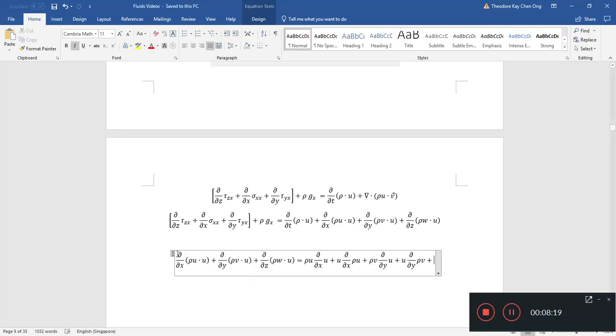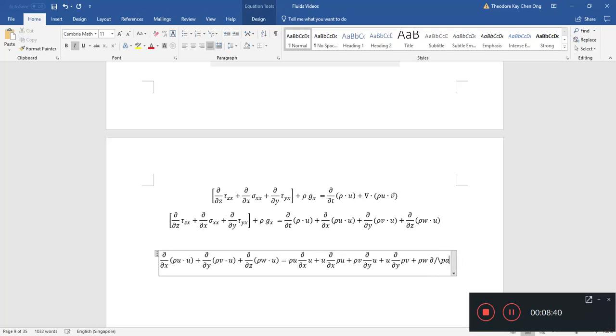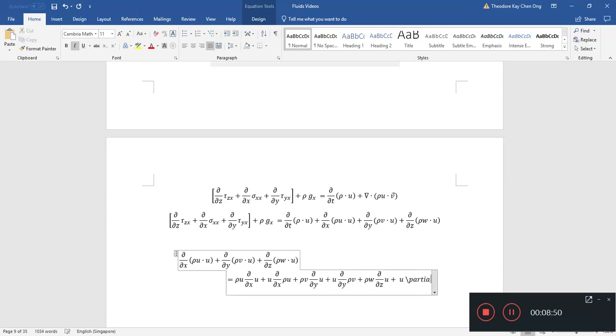I'm just applying the product rule. So this side is constant, differentiate the other side, then the other side becomes constant, and differentiate this side. I'm going to do the same for all three. It's going to get a little messy, but don't worry. You'll see why I'm doing it: the idea is we want to trim down this Navier-Stokes equation even more. So u, partial z, rho w.